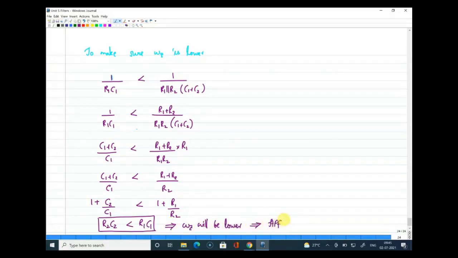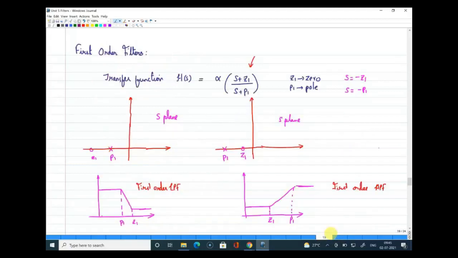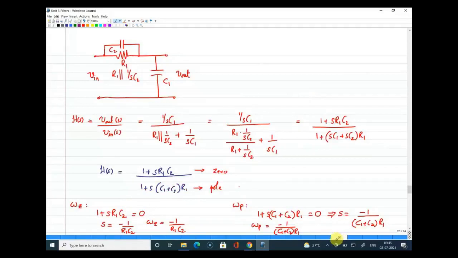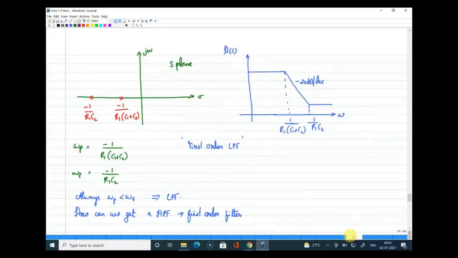The intention is not always to have a high pass filter, but our discussion started like this. We started from the first order transfer function expression, and looked for a very simple way of implementing it. By looking at the location of pole and zero, we realized that with that specific transfer function, we can realize only a first order low pass filter, because the pole frequency will always be lower than the zero frequency.